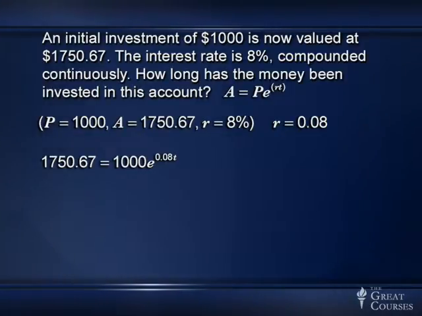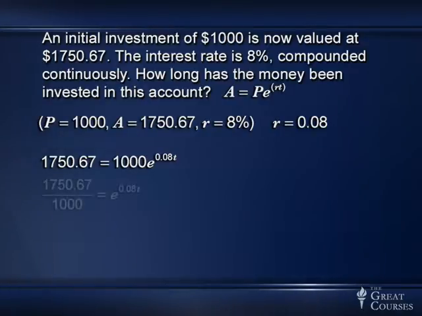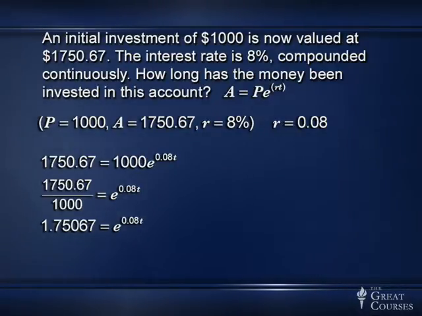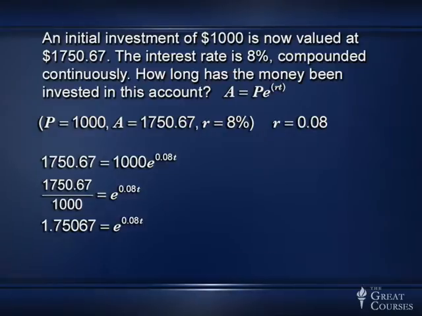When I do so, I'll have the following. 1,750.67 equals 1,000 times e to the 0.08t. Dividing both sides by 1,000 is going to give me 1.75067 equals e to the 0.08t. Now, how do I get rid of that e on the right-hand side so I can get at that t, because t is what I really want?